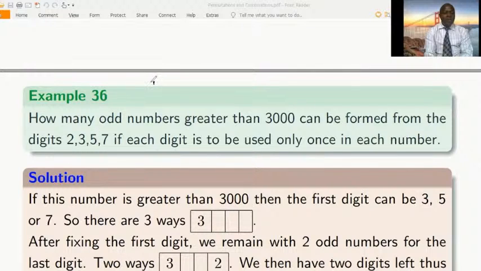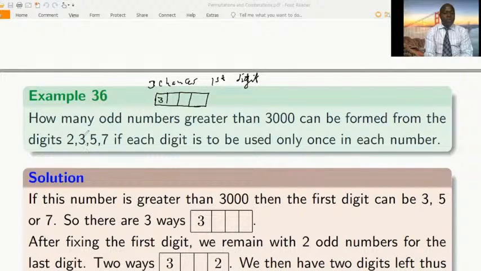You have 3 chances. We need a number greater than 3,000. 3,000 has how many digits? It has 1, 2, 3, 4 digits, 4 digits. So we have 3 chances for the first digit.